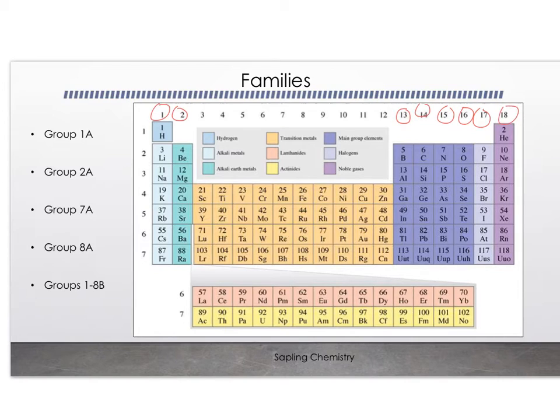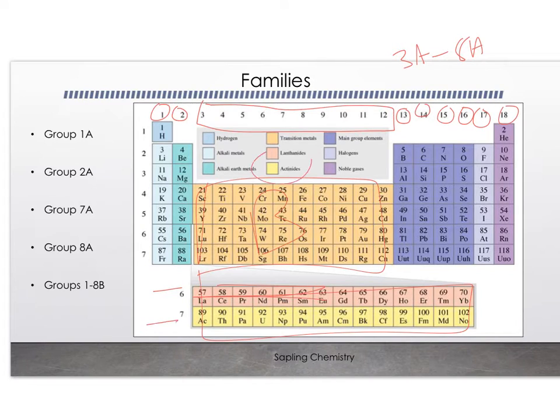I know it says 13 through 18, but that is 3A through 8A. So those are your A representative groups. Then your B's are your 3 through 12 here, or this is your 1 through 8B. This is your transition metal section, and that's even considering the lanthanides and actinides. Okay, so those are your transition metals.